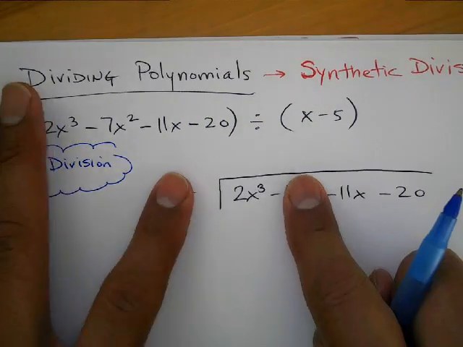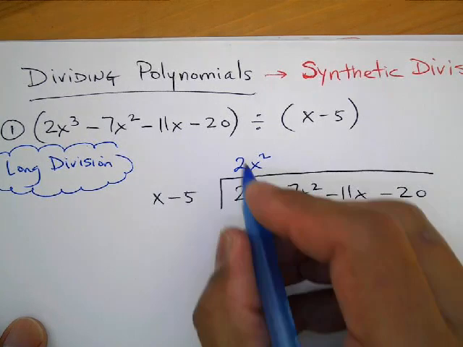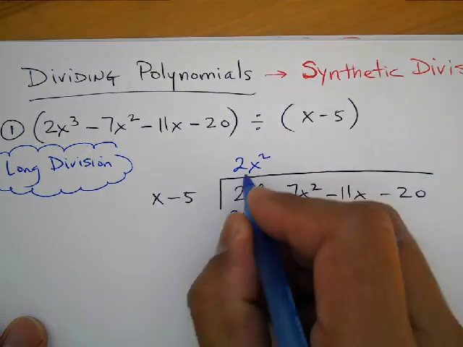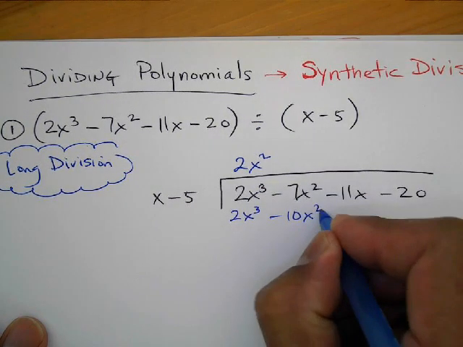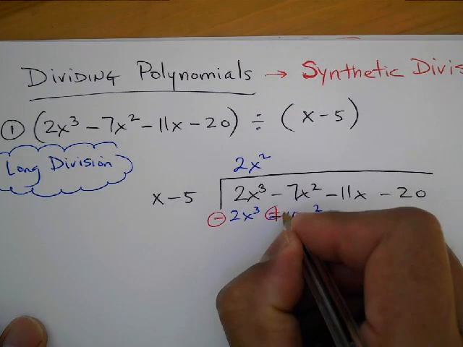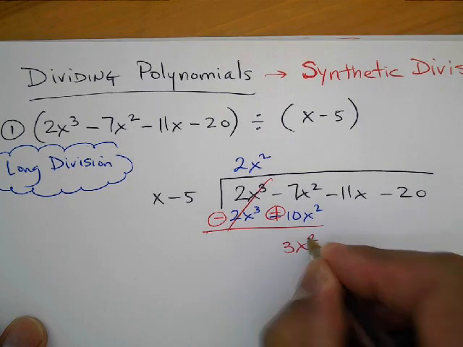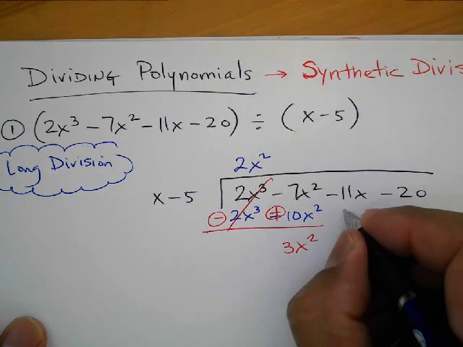Okay, so I start here. That would be 2x squared. Then I multiply. That would be 2x cubed minus 10x squared. Then I subtract. It changes the signs. I'm left with a positive 3x squared. Drop the next one.